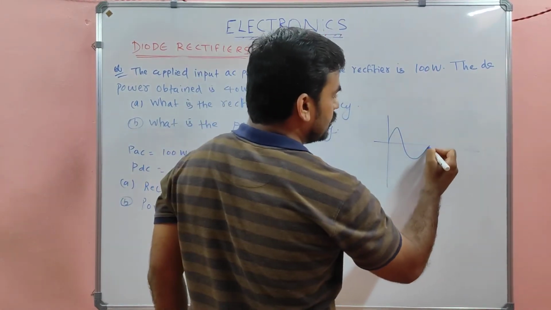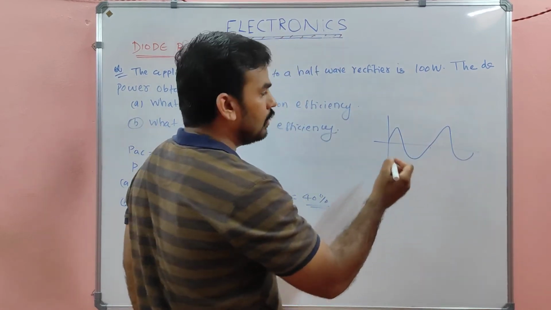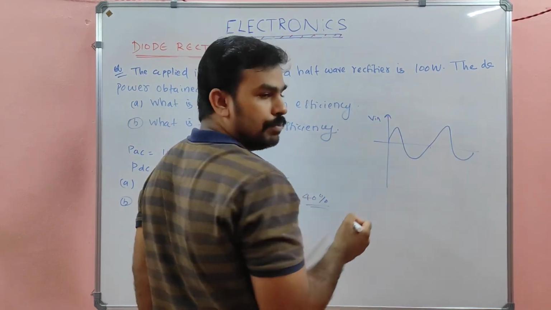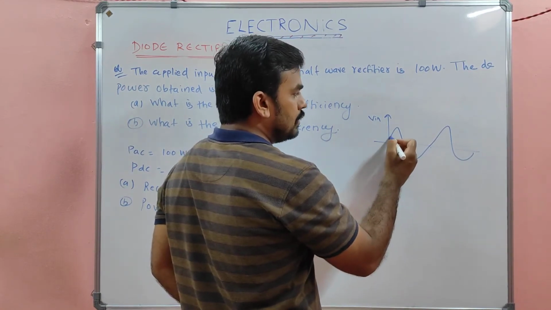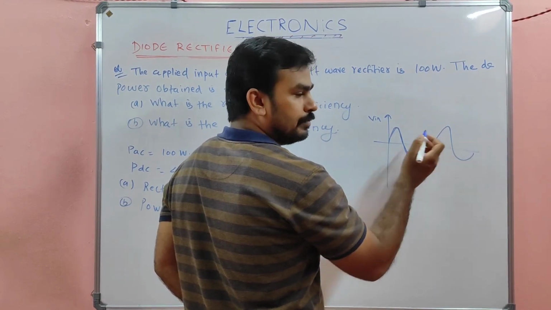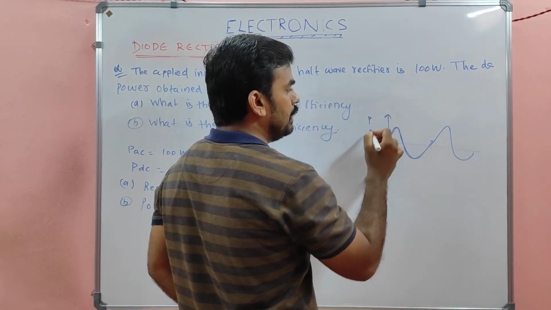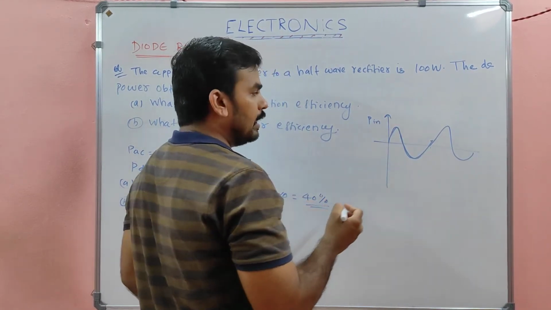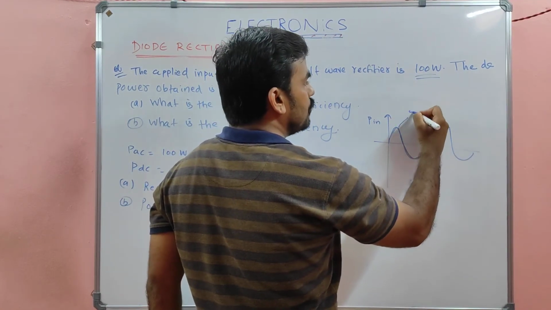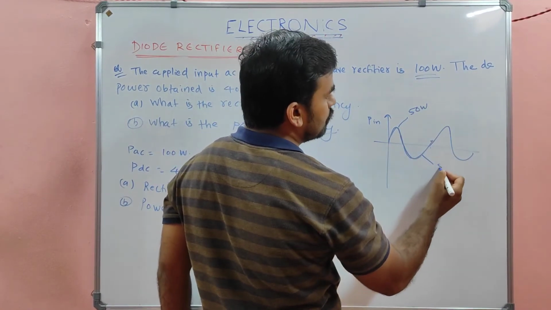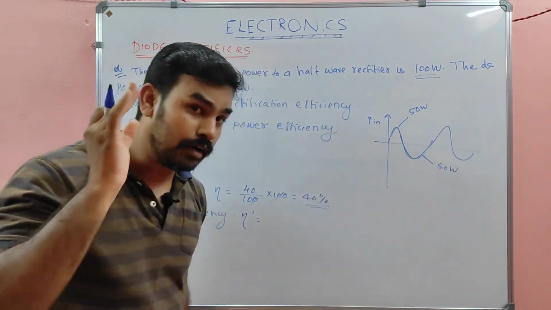Okay, this is the full wave rectifier input. This is the input now. This is V input. So the power we are applying here is nothing but the full wave power. Suppose this is the power waveform, input power waveform. So we are applying the full wave power. 100 watt means nothing but, my dear, for positive half cycle it's 50 watt, for negative half cycle it's 50 watt.